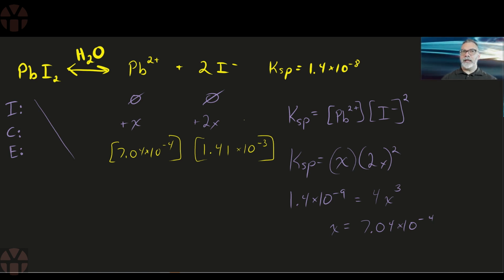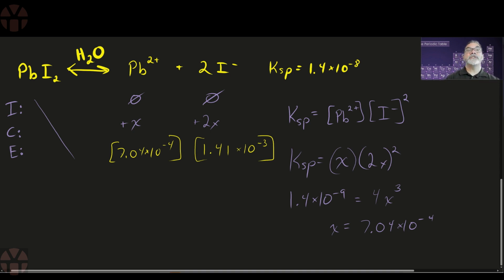And if you're looking at that and going, but wait, these are already teeny tiny values, you're right. If the concentration of lead ion gets too high or the concentration of iodide ion gets too high, then you will exceed the value of Ksp. And if you exceed that value, then we've produced too much ion in solution, and so some of it has to go back, starts to bond together, and thus becomes insoluble.